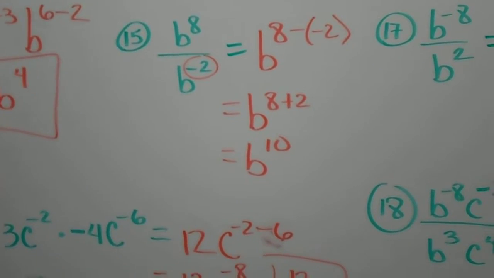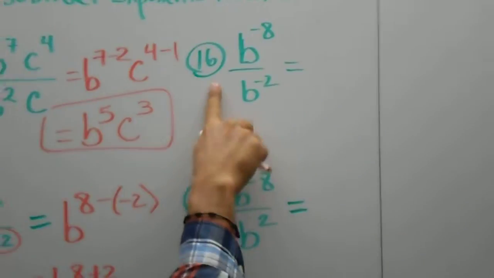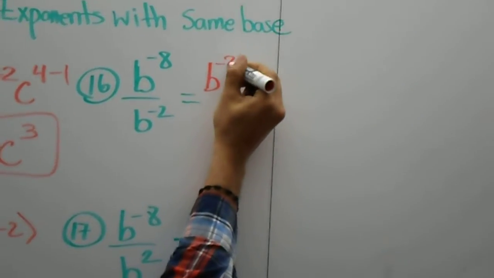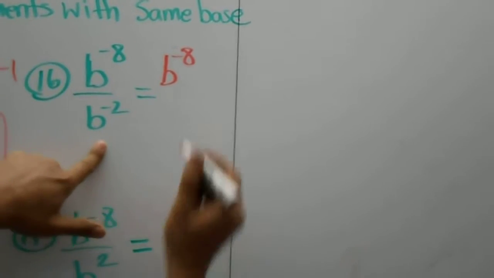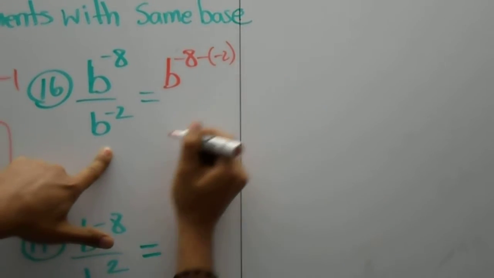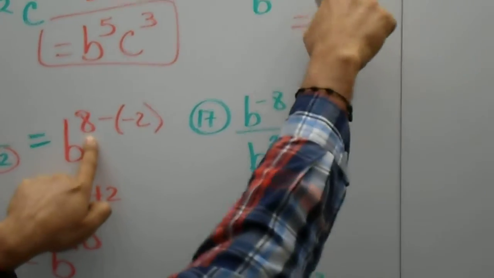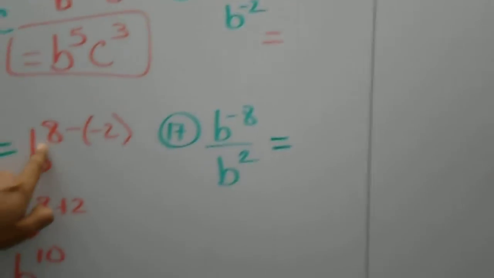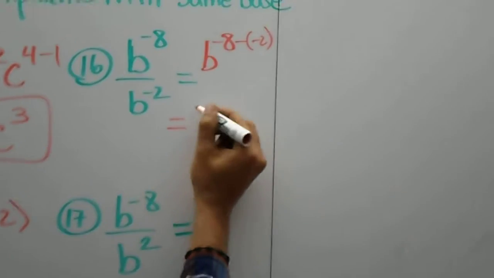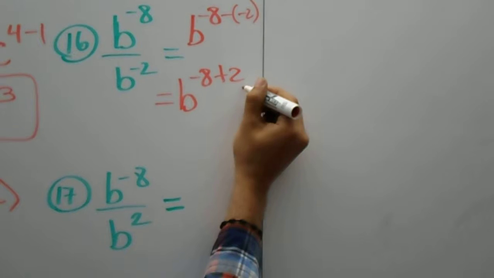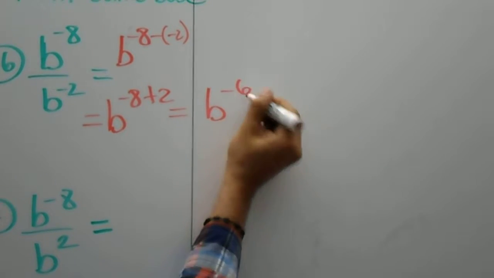So let's look at other examples. Look at this, number 16. I write the numerator as is, b to the negative 8, and then I subtract the denominator, minus 2. Notice that it's not the same thing as this guy. Now this is negative, this is positive. So let's see what happens. b to the minus 8 plus 2 becomes b to the minus 6, right?